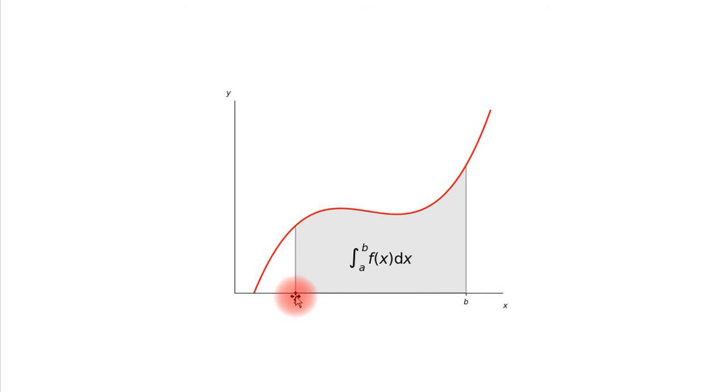If we want to calculate the area under the graph when x ranges from A to B, this particular area is the area under the graph if x ranges from A to B. Mathematically, area means length into breadth.